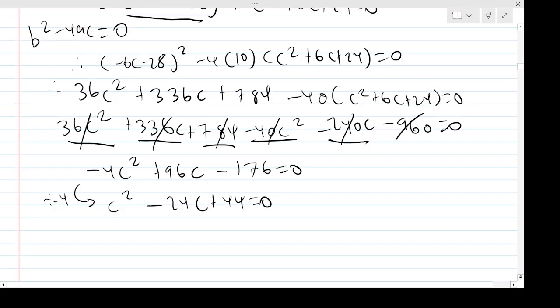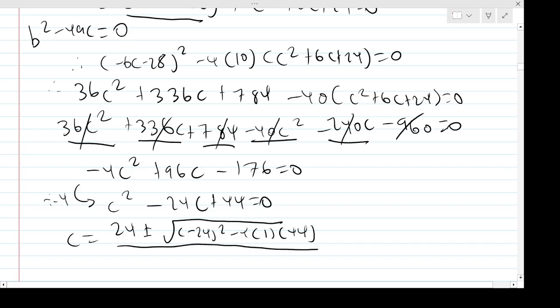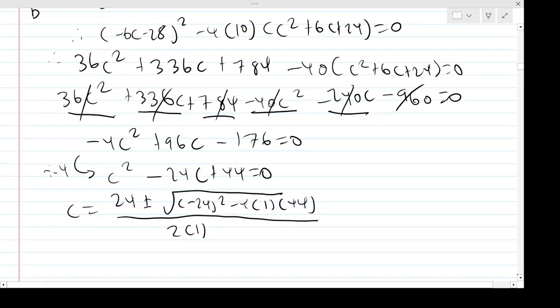I might be able to factorise it, I'm not sure, but I'm just going to use the formula, right? So c then would be plus 24 plus or minus square root of minus 24 all squared minus 4 lots of a is 1, c 44, over 2a, so 2 lots of 1, and that gets me that c could be.